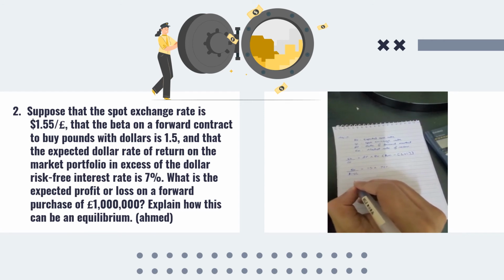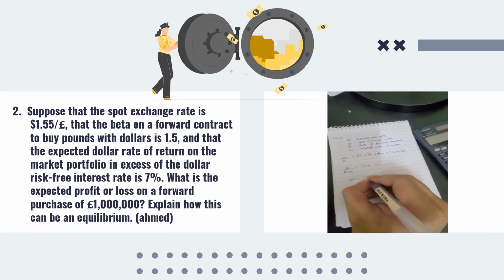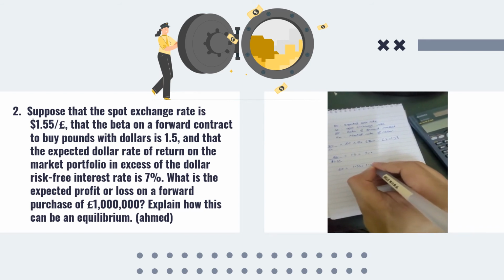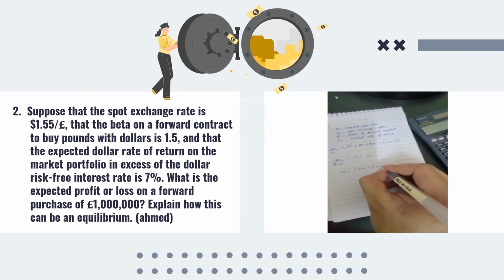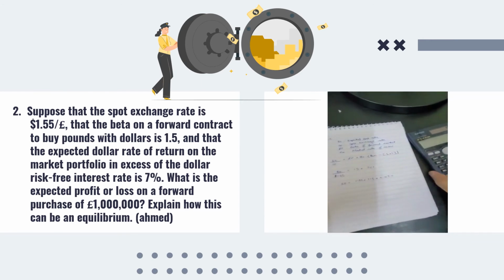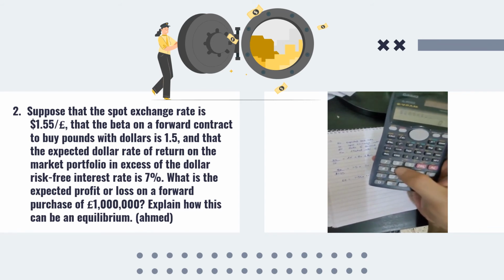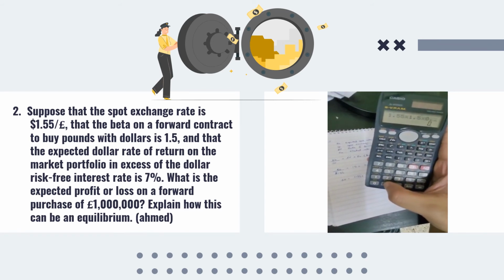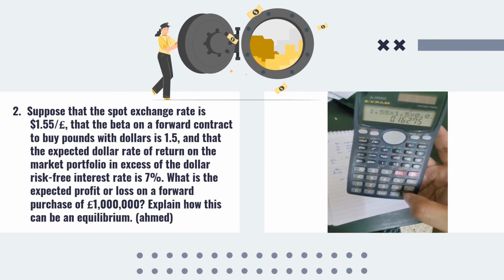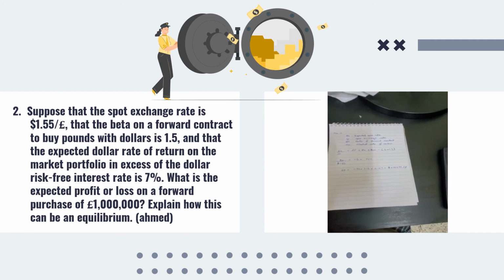So we have to find the expected spot rate, which is 1.55 multiplied by 1.5 multiplied by 0.07. That gives us $0.16275 per pound.